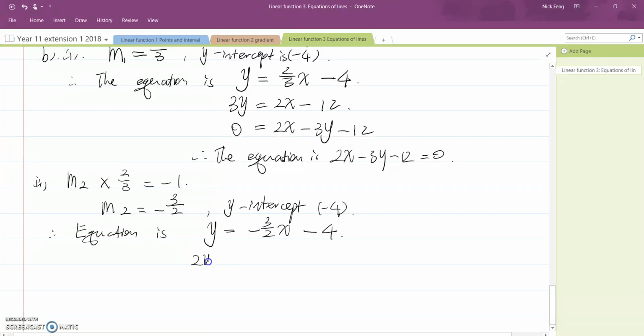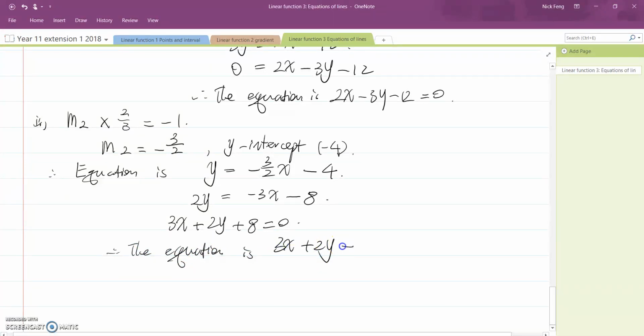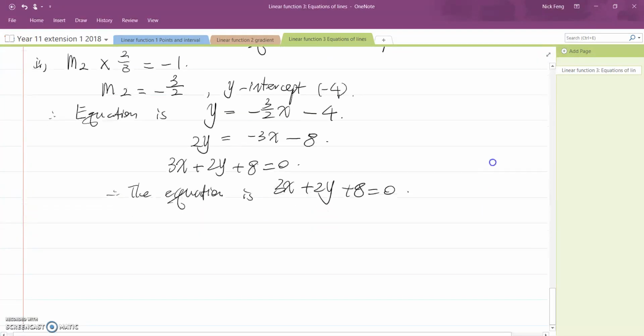Multiply both sides by 2 to get rid of the fraction. And then the next bit is to move everything to one side, and this time we move it to the left-hand side because x will be positive on the left-hand side. So that is 3x plus 2y plus 8 equals 0. So the equation is 3x plus 2y plus 8 equals 0. Second part done.